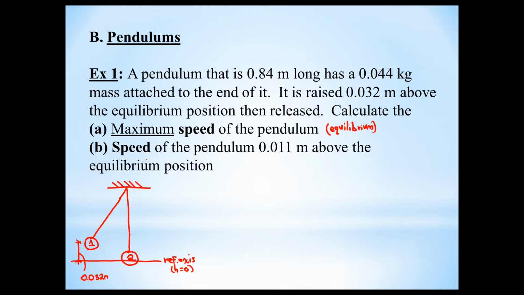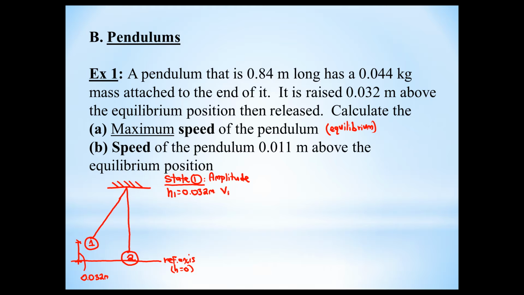So let's identify the states. So we'll say state 1. And state 1 is the furthest I'm going to get away from equilibrium. So that is your amplitude. So at your amplitude, your height is 0.032 meters.